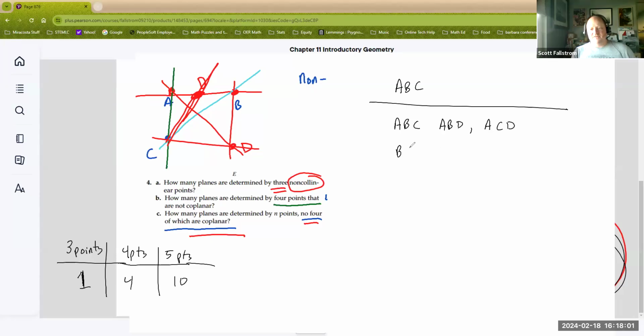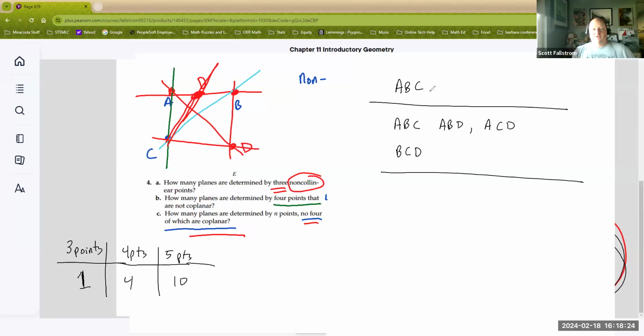And then I have B with C, right? Then I have what? B with D, right? And then I have C with D. I was doing all the line segments. Then I have B with C with D. There we go. Okay. So that's our 4.